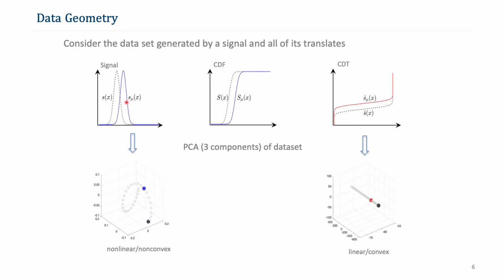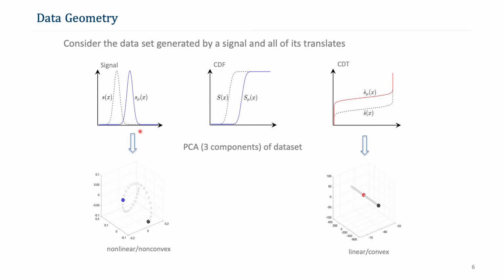So therefore, if we take the set of functions here, which in theory are functions in infinite dimensional space, we can sample them and perform PCA, principal component analysis, on all of these translated signals, and look at the first three principal components.